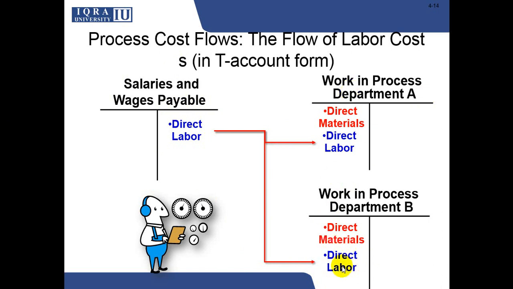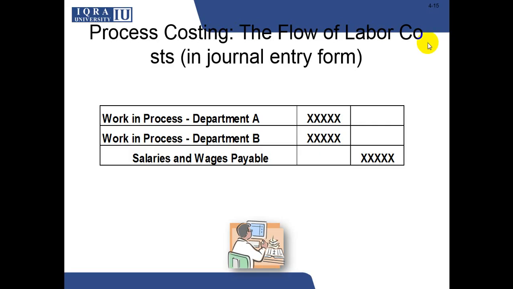So both departments are debit and salaries and wages payable is credit. In journal entry form, work in process Department A is debit, work in process Department B is debit, and salaries and wages payable is credit.